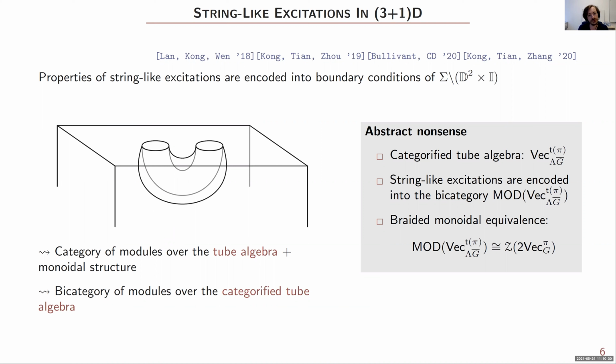Now the thing is that the tube looks a little bit different now because the cylinder is an open manifold, and so we cannot quite take the tube as we usually do, in the sense that it's a bit pinched where the circle components are identified. But adding this, we basically add the cylinder around the other one, and then it can be absorbed, and we can define an algebra in the same way. And we can look at the modules over this algebra, and we find a category, which is some category of graded vector spaces.